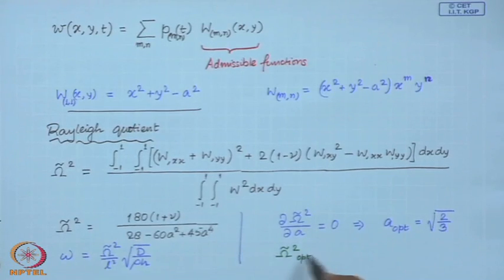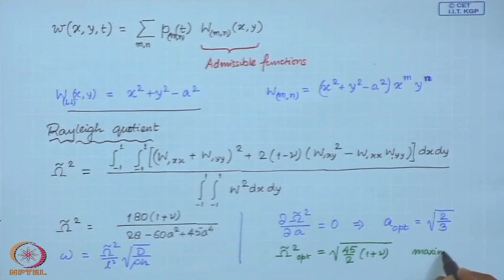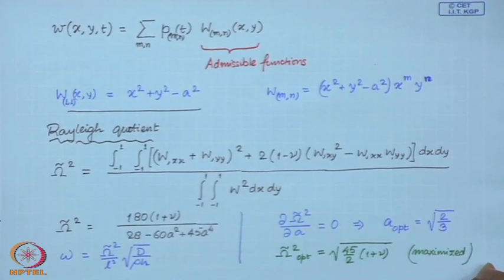Basically this is the maximum. You can check that by taking the second derivative with respect to A and looking at the sign of the second derivative. So, this happens to be the optimal non-dimensional radius.